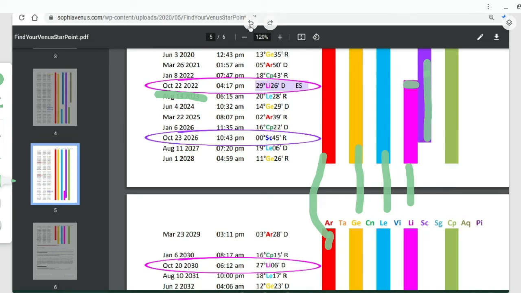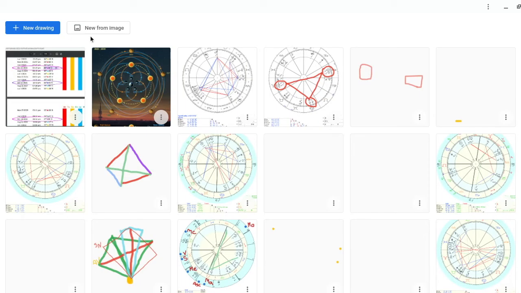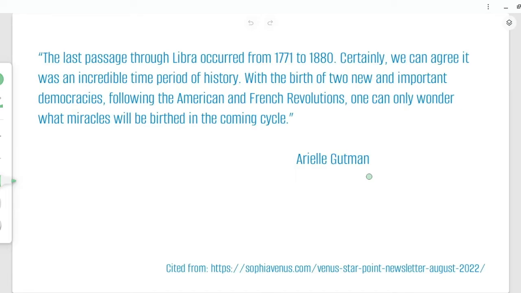these conjunctions have happened in the sign of Libra, and astrologer Arielle Gutman has a great take on this. Let me find what she says here about it. She says the last passage through Libra occurred from 1771 to 1880.